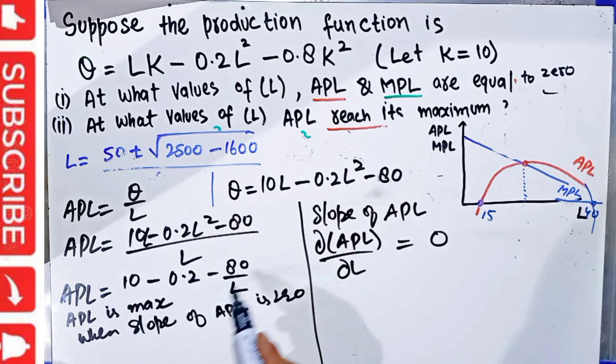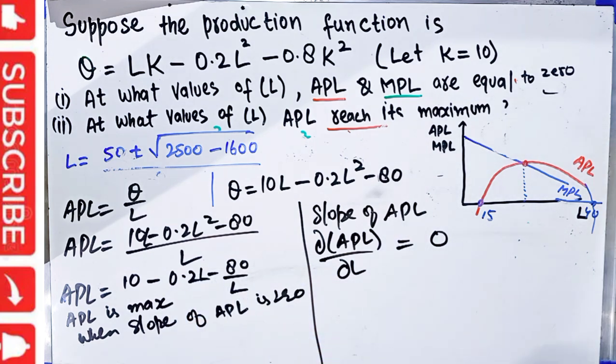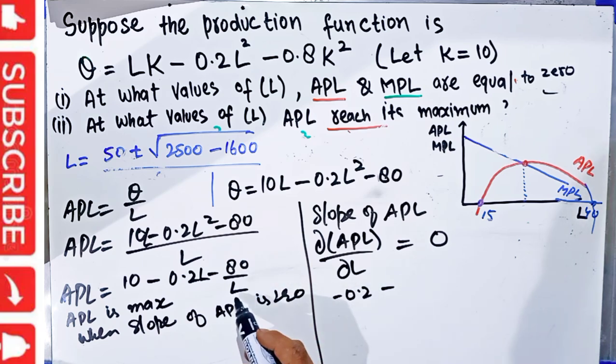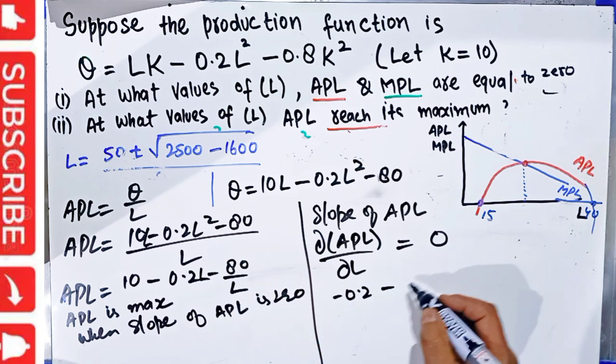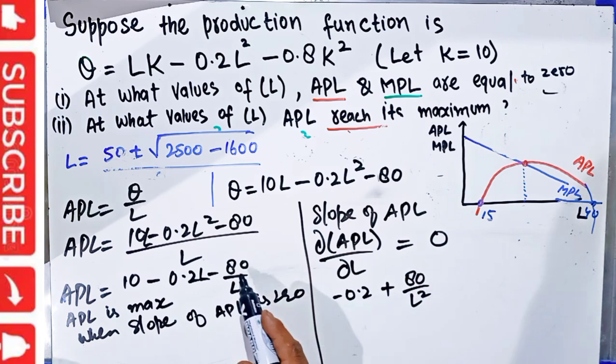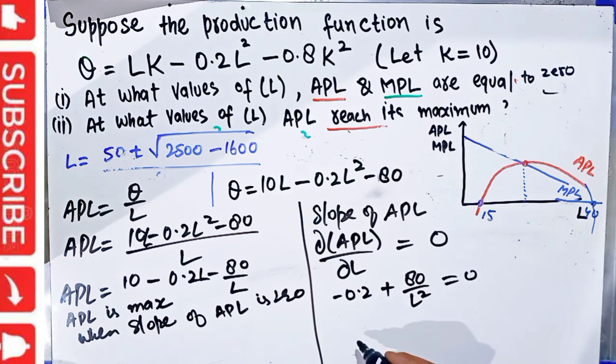The derivative of a constant is 0. The derivative of L is 1, so we are left with minus 0.2, and the derivative of minus 80 upon L, since the derivative of 1 upon L is minus 1 upon L square, becomes plus 80 upon L square. I am really sorry for these mistakes.